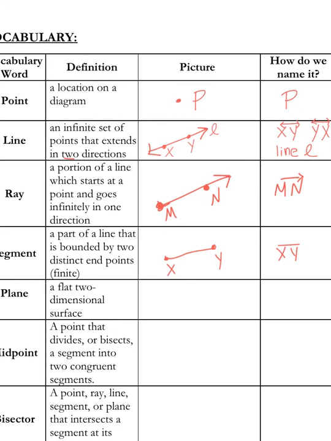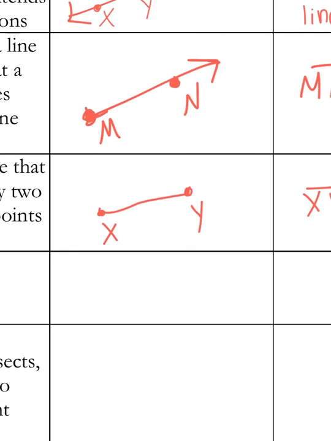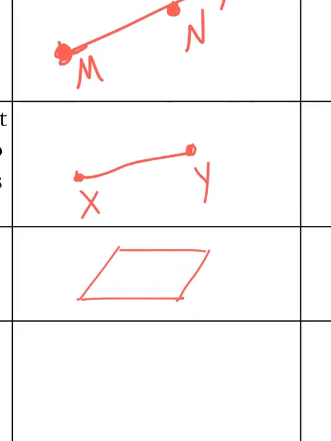A plane is a flat two-dimensional surface. So think of a floor, a wall, a ceiling. Those are planes if they were two-dimensional. And how we draw a two-dimensional figure is it's kind of like a parallelogram. You can name it a couple different ways.